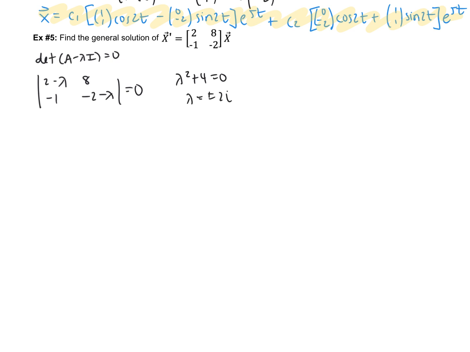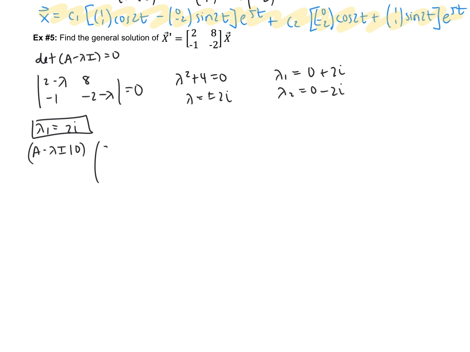If we write those in terms of alpha and beta, our lambda 1 is equal to 0 add 2i, and our lambda 2 is 0 subtract 2i. I'm going to start with lambda 1, which is 2i. I'm going to take A subtract lambda I and augment with 0.